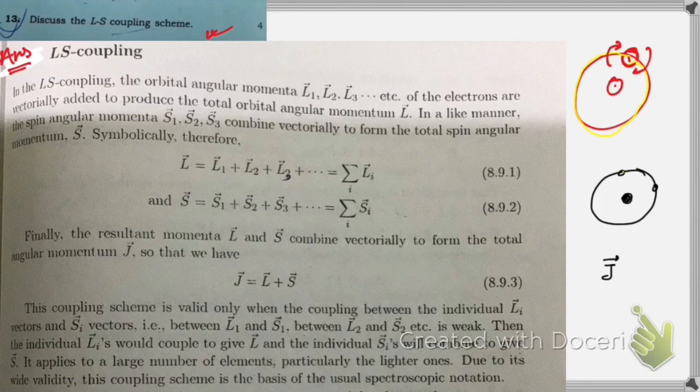Each individual electron will have orbital angular momentum and spin angular momentum. Suppose L1 and S1, and similarly L2 and S2. Here it can combine in two ways.